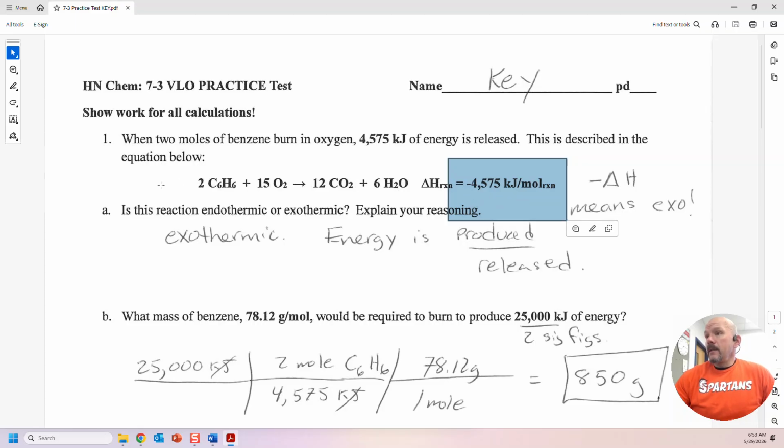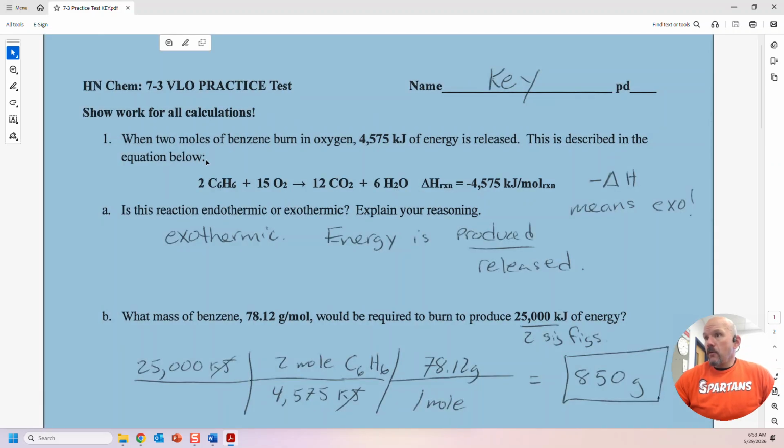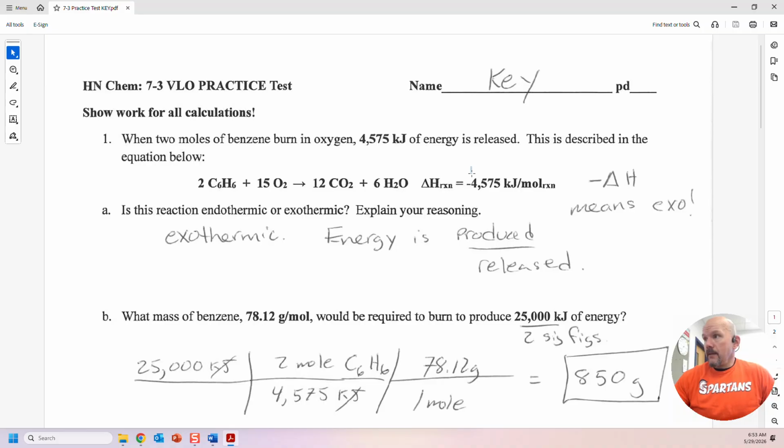But another way to interpret this is, again, exactly what was said in this statement here. This equation is showing this much energy for 2 moles of this that react. Okay, and so we can use this energy value and the coefficient, which is moles of benzene, right, to be a conversion factor to go from energy to moles of benzene, or moles of benzene to energy.